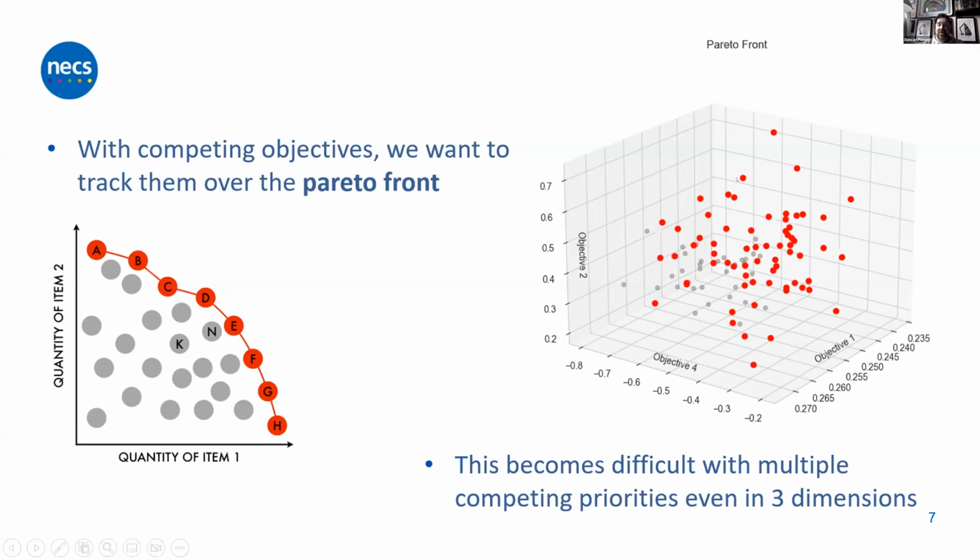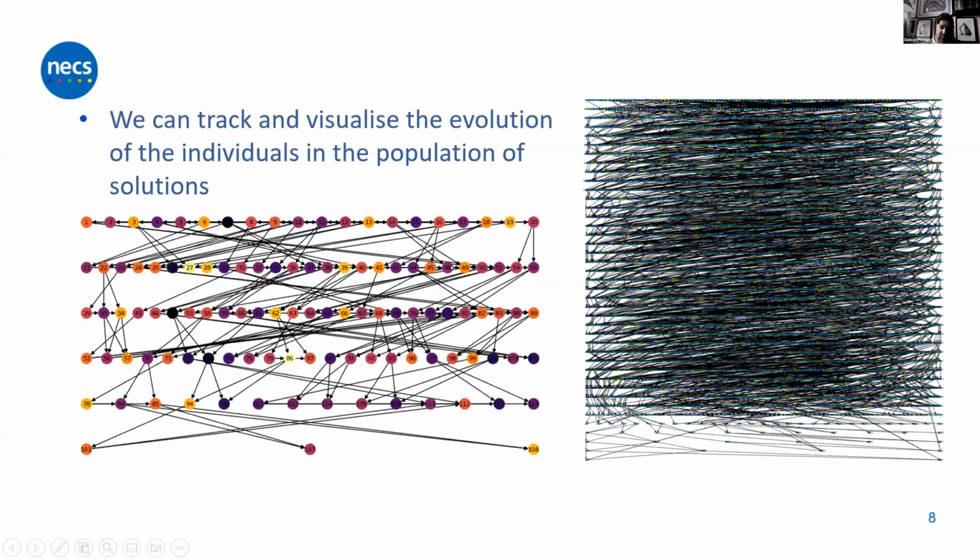And that's really difficult to visualize if we've got more than 2 or 3 objectives. But these graphs should give you an idea of how those populations of solutions exist in what is called the solution space. And we are basically looking for one that satisfies all of our objectives well, rather than the best possible one.